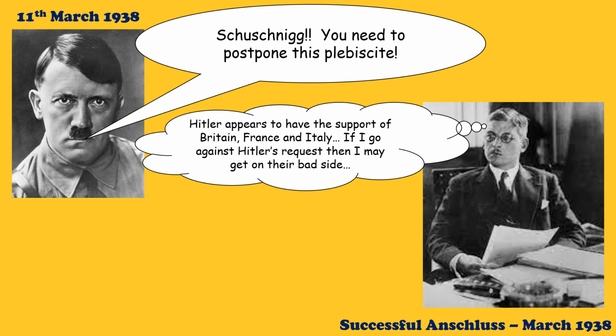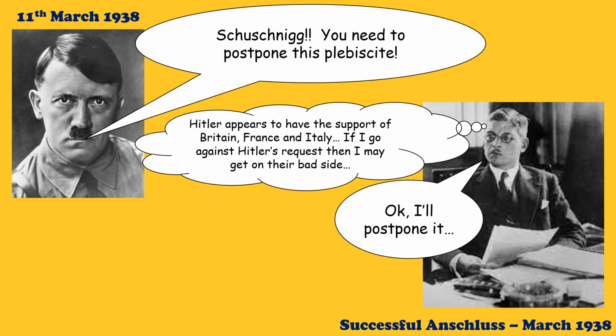So if Hitler appears to have the support of Britain, France and Italy, and I go against Hitler's request, then I may get on their bad side. And Schuschnigg knows that he needs all the friends he can get at this time. So he is almost, he hopes anyway, playing the long game. So he says to Hitler, fine, we'll have the plebiscite, but we won't do it just yet.